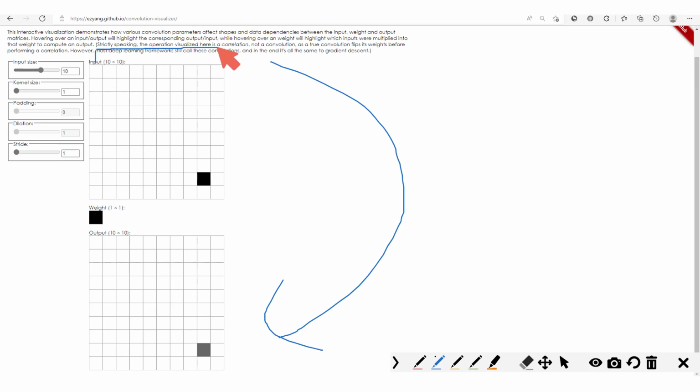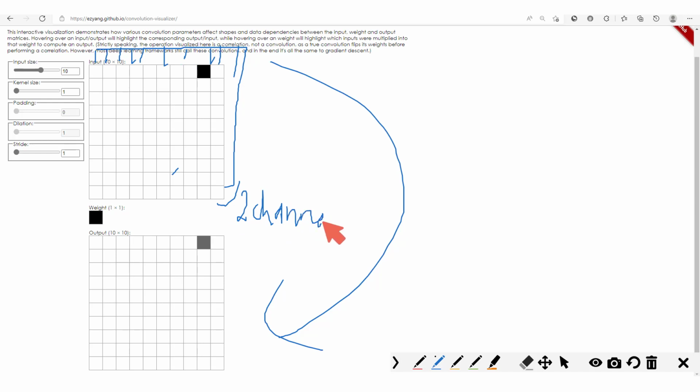If, for example, this input has 2 channels, so we have this one channel and this other channel right here, then to obtain an output of, say, 4 channels, we have this input of 10 by 10 by 2 channels.